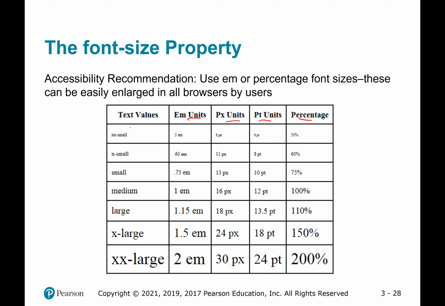Or we can just use text values: extra extra small, small, medium, right? Or if we have like 100 percent, which means 12 point, 16 pixel, 1 em, and medium. So you can put any of these 5 in the value, and then you can get the same result.